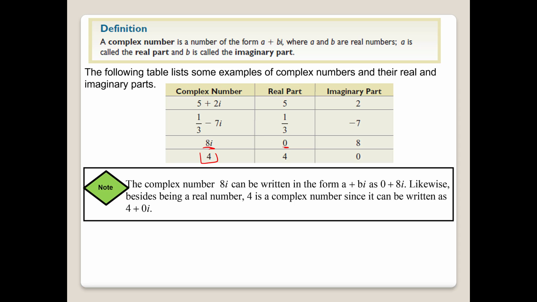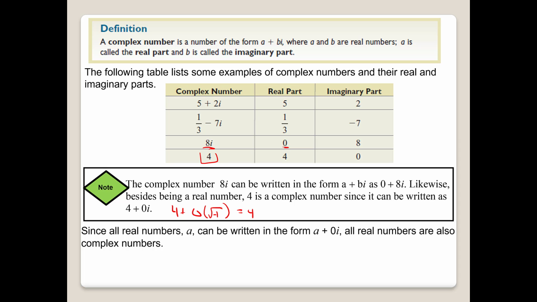Because 0 times the square root of negative 1, which is what this is saying, 4 plus 0 times the square root of negative 1, would simply equal 4. So you can write it that way as well in the complex number format.